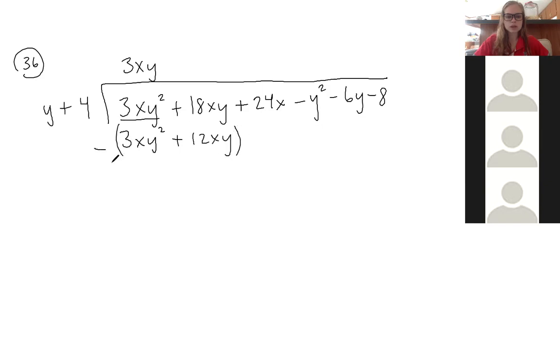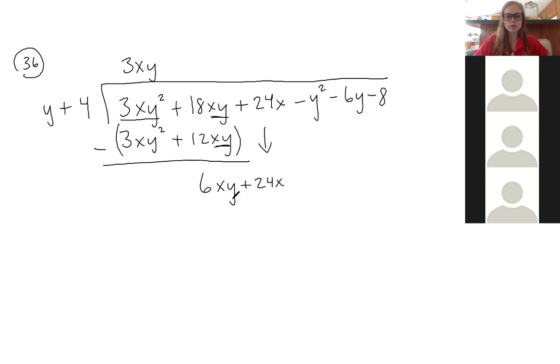Notice when I've done that, my terms have lined up. So 3xy squared minus itself is just 0. I don't need to put that there. 18xy and 12xy. These are like terms, so I can subtract like terms. And I get 6xy. Bring down my plus 24x.